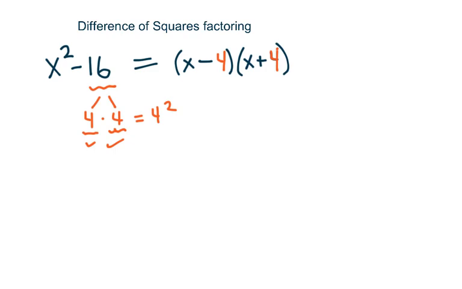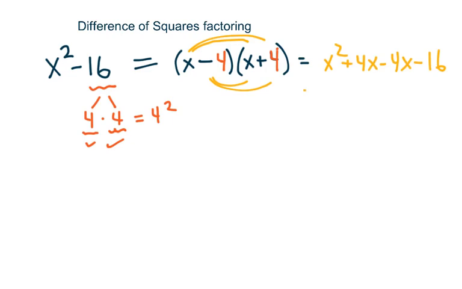Now, what I want you to do also is convince yourself that this is going to work by doing FOIL. So FOIL is x squared plus 4x minus 4x minus, now negative 4 times 4 is just minus 16. Well, look what happens.